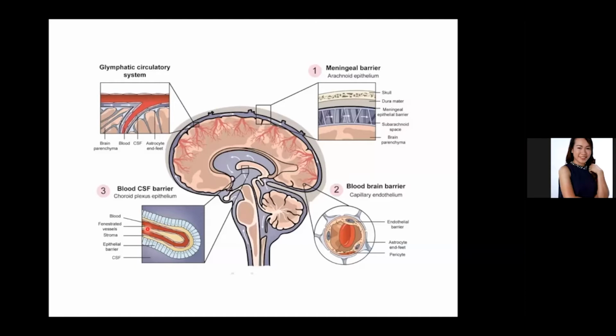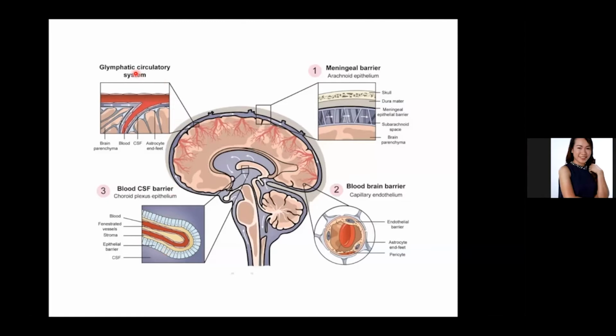So luminal division, and it separates it into a parallel channel which rejoins distally. So we have your fenestrated vessels. In between the fenestrated vessels and the epithelial barrier is a stroma. And then we have here finally the epithelial barrier. So those are the different barriers that we're going to talk about.